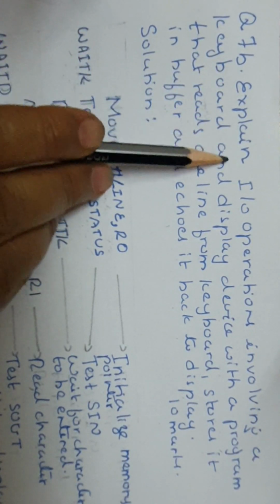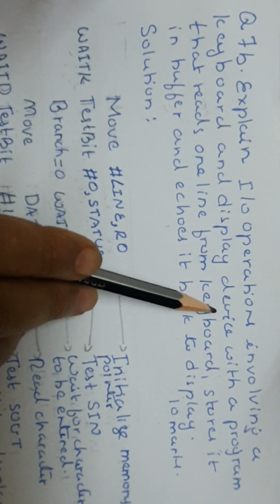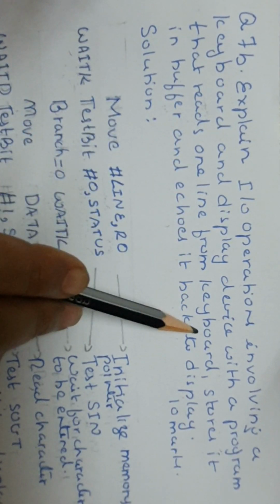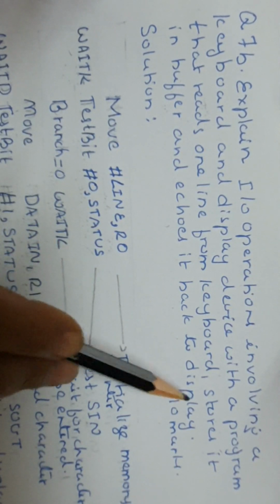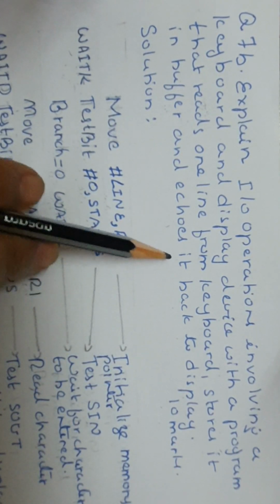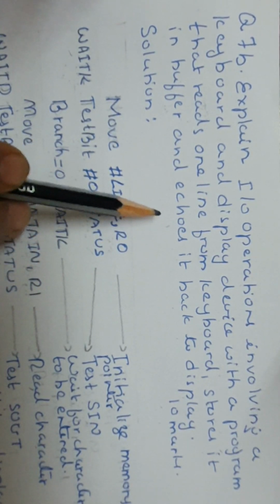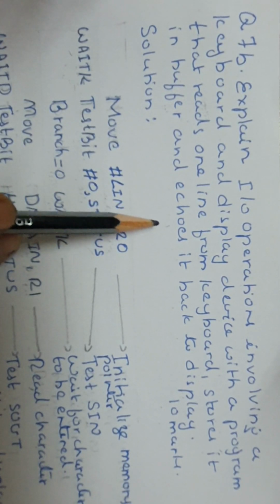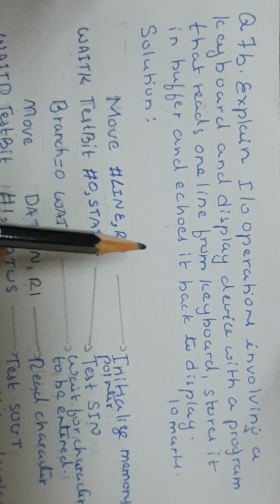The question was: explain IO operations involving a keyboard and display device with a program that reads one line from the keyboard, stores it in a buffer and echoes it back to the display. It was asked for 10 marks. In this we first explained the 4 registers required in the IO interfaces of the keyboard and display device: data in, data out, status and control registers.